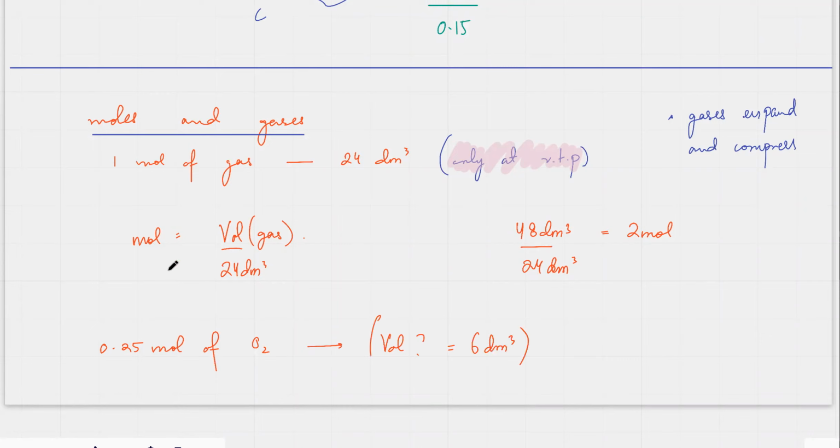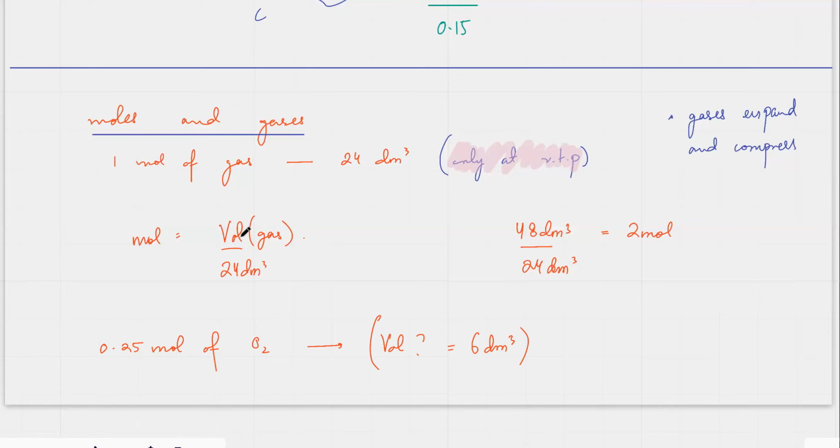All you have to do is you've got the moles, multiplied by 24, you'll find the volume. Anyway, it should be on your fingertips. If moles are given, just multiply by 24, you'll find the volume. If volume is given, just divide by 24, you'll find the moles. And be careful, is the question at RTP or not? You have to keep your eyes open for this.